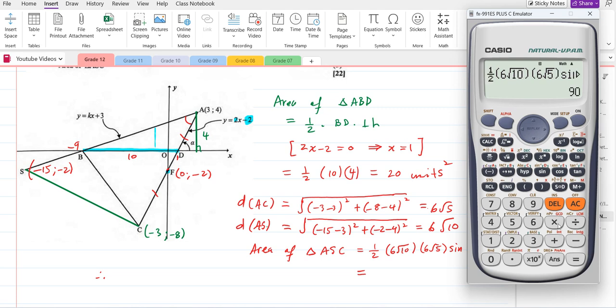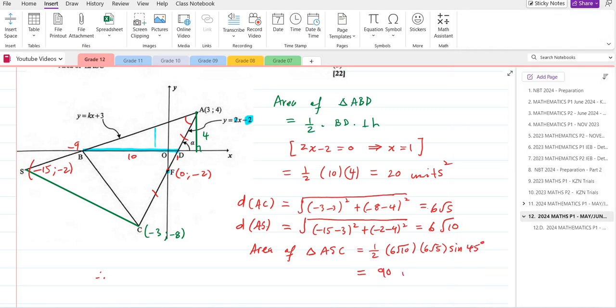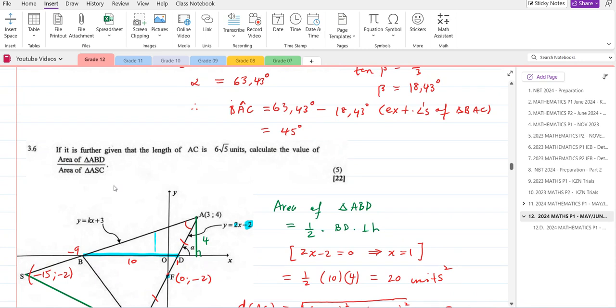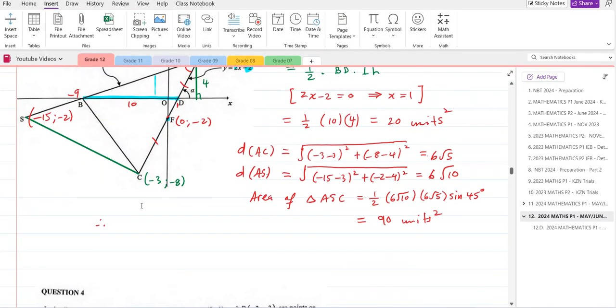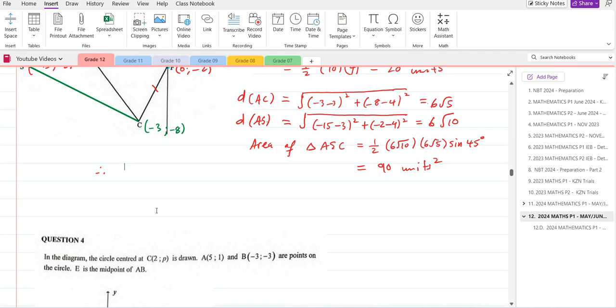Right, so I've got an answer of 90 units squared. So therefore, the ratio of these areas, you need to write it down, okay? You need to write down the area of triangle ABD over the area of triangle ASC is equal to 20 over 90, which is equal to 2 over 9. I hope you guys understood that.